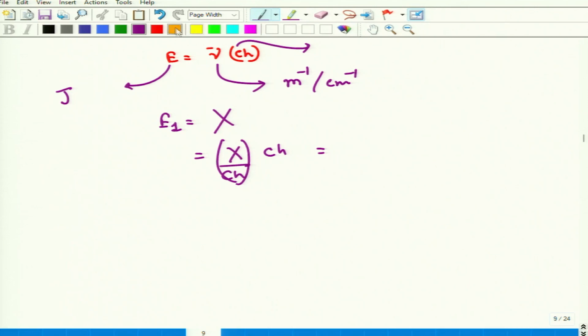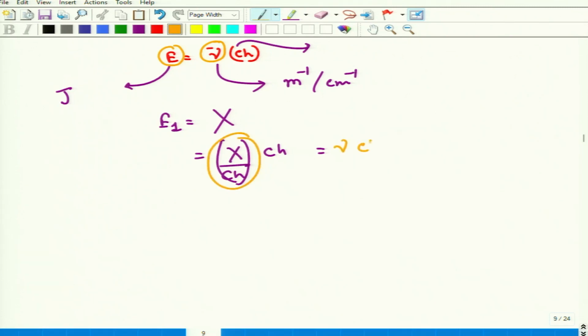So this energy and this wave number are related by ch. This nu bar is called the corresponding wave number of the energy E. That is why, if we multiply and divide by ch, this part is the wave number.